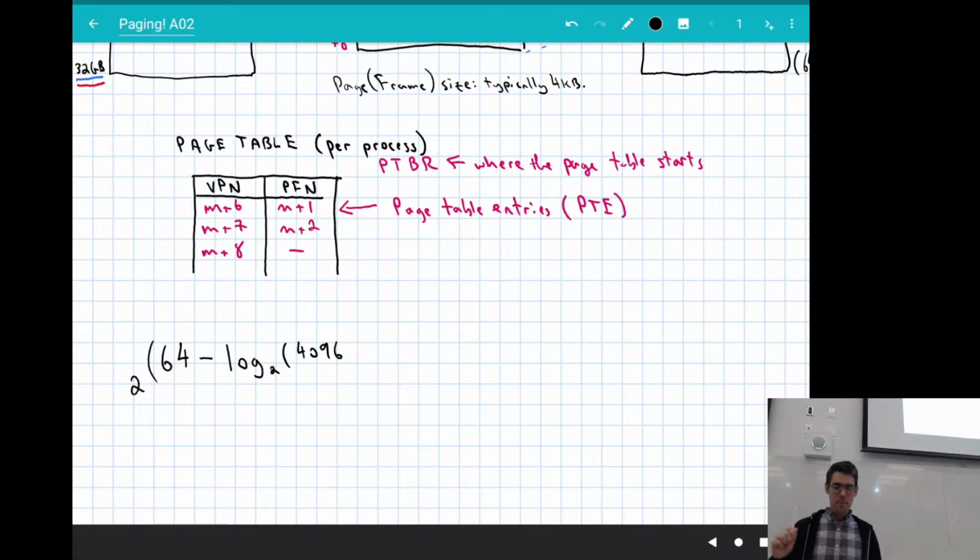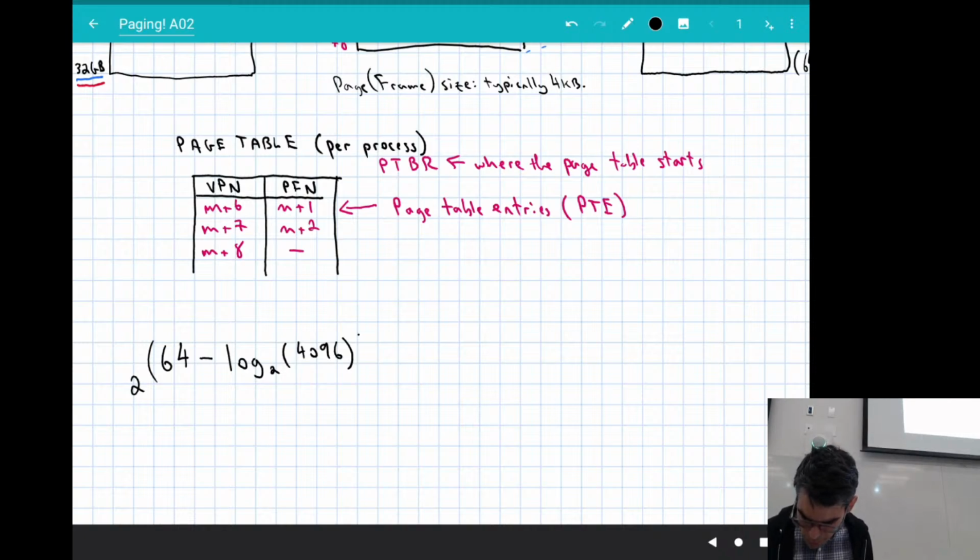Very briefly, remember that we can do subtraction for representing division with log arithmetic. So I'm already in this base with 64 here. So when I do log base 2 of 4096, I'm trying to calculate what the exponent of 2 is to get 4096. And so I can then subtract that from 64 because we're already operating in the same base here.